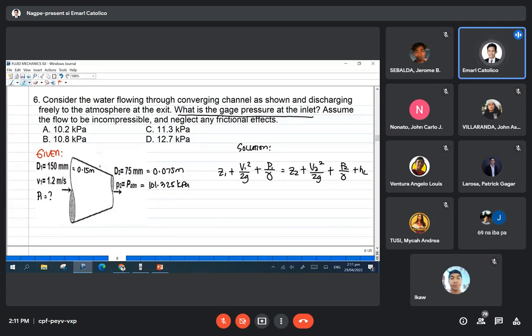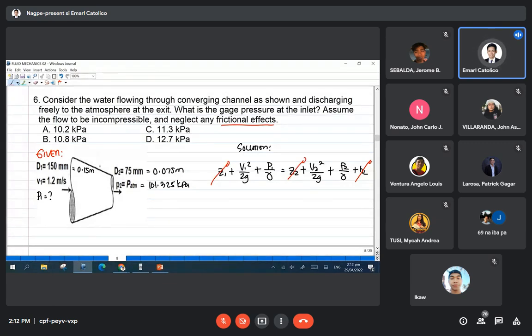Since hindi naman sinabi yung head loss, or sinabi dyan na i-neglect daw natin yung mga frictional effects, therefore, head loss is equal to 0. Since walang elevation, 0 na rin ito.